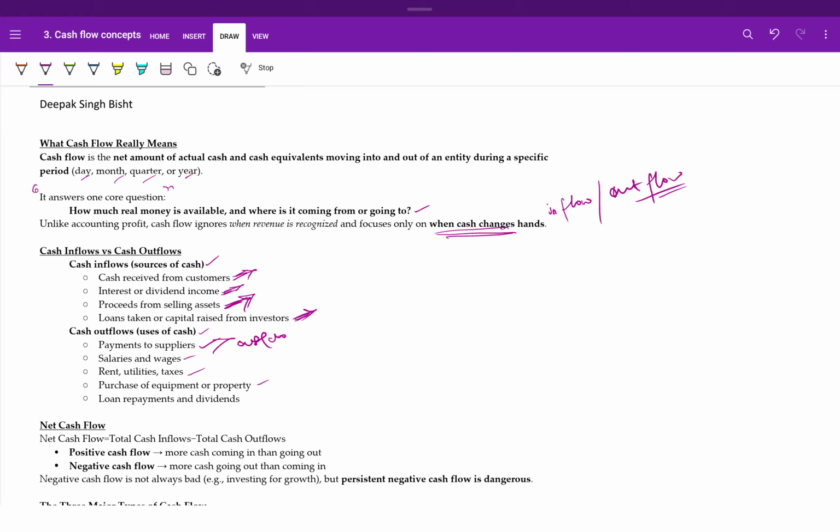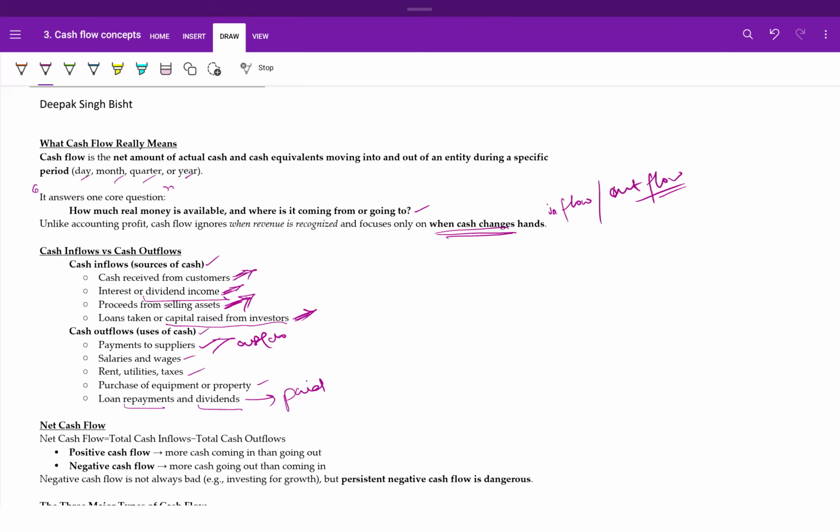We are repaying the loans, and here it's dividends paid. Dividend income, on the other hand, is a dividend received.